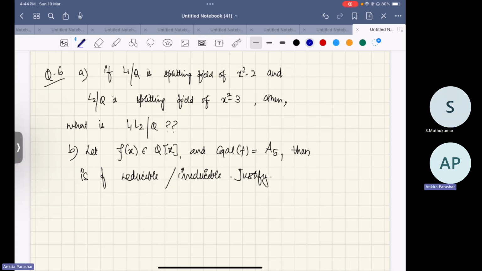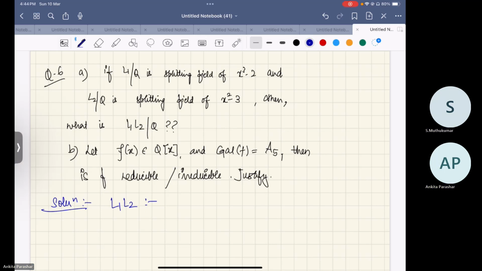So L1, L2, what is the definition of composite? Can you recall that? I think that will answer the question. Given two fields, what is the composite of them?